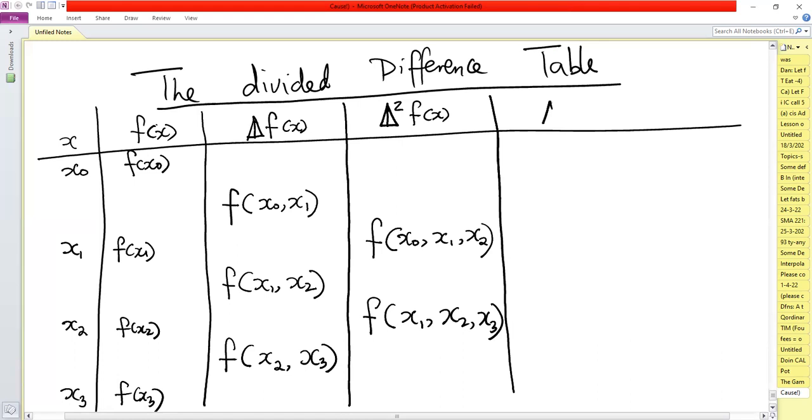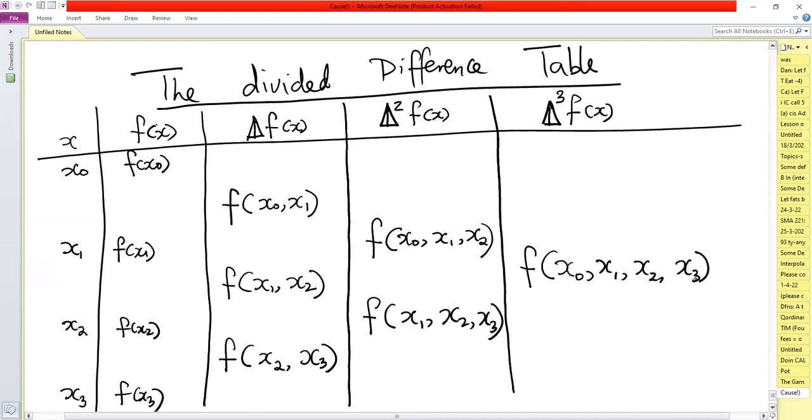And then this column defines the third divided differences of the function. The second divided differences of these two values will define the third divided difference of the arguments x naught, x1, x2, and x3.